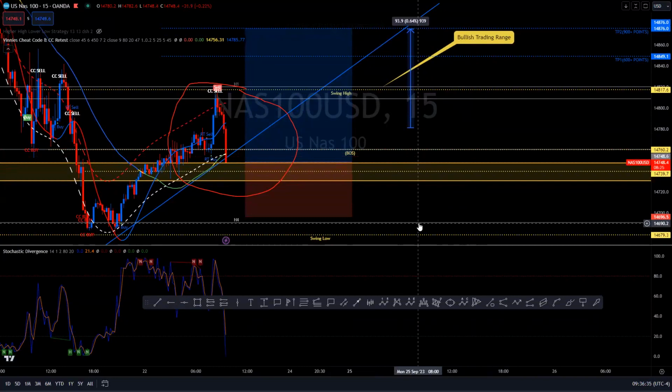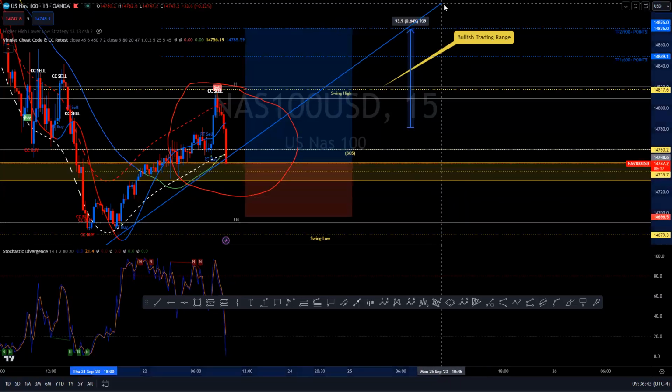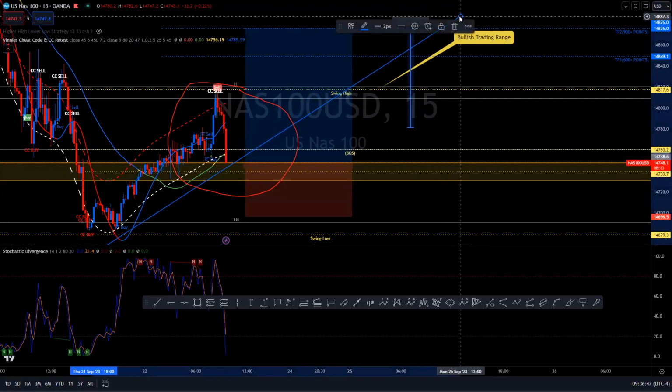Got a little bit over 8 minutes before that candle closes, and that's going to be the news candle. I'm tempted to go in for a sell, but price is clearly above something, it's going to buy up. That's what I'm kind of looking at.